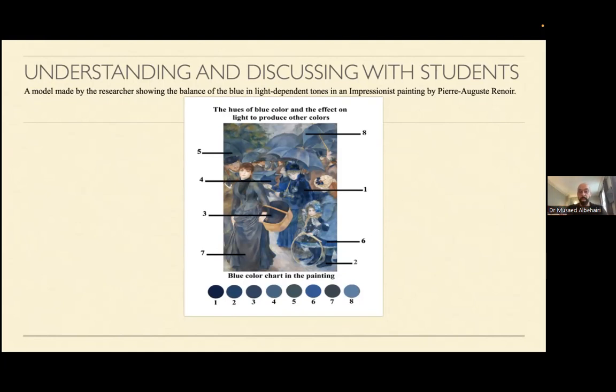So we discussed, and I made this model or chart about how Auguste Renoir did his painting: what it looks like, what the elements and values are, and how many hues of blue there are, and how he came up with these colors.